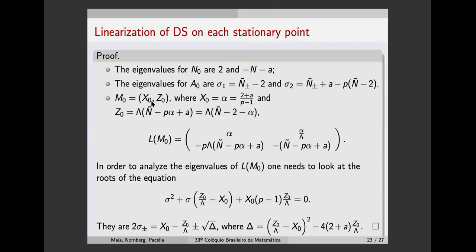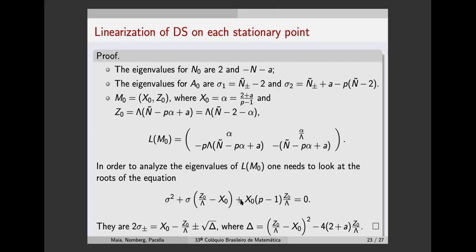And at M0, we have to work a little bit more in order to find the eigenvalues and eigenvectors. We take x0 from its expression, z0 from its expression, substitute in the matrix, and we analyze the eigenvalues of this matrix, with the characteristic polynomial given by this polynomial.